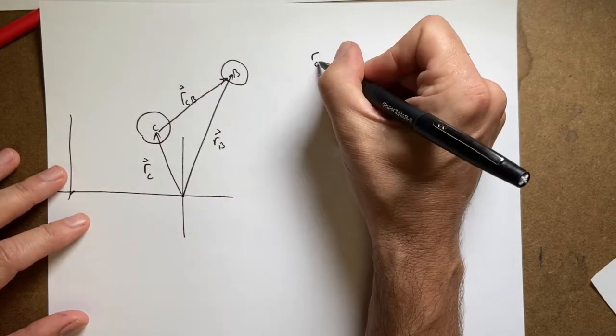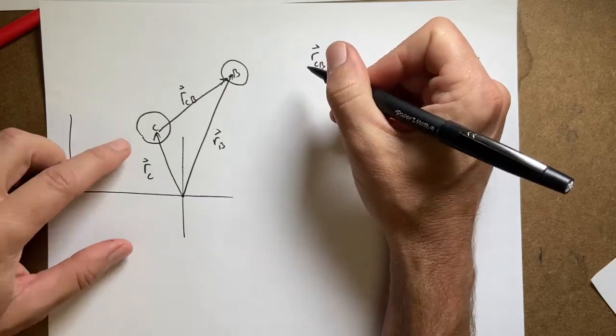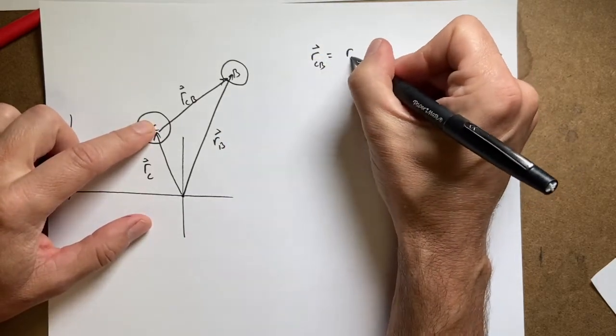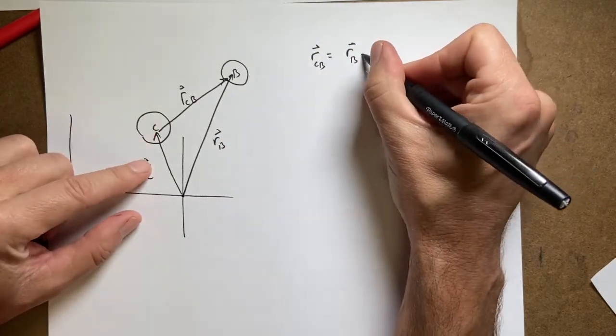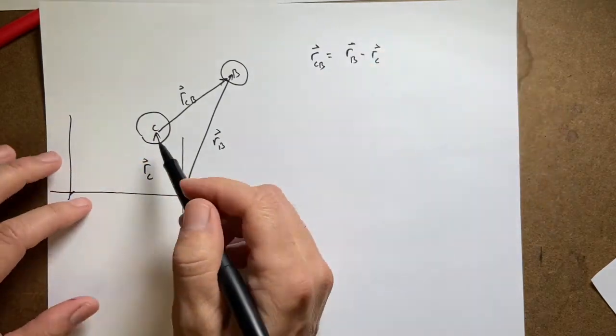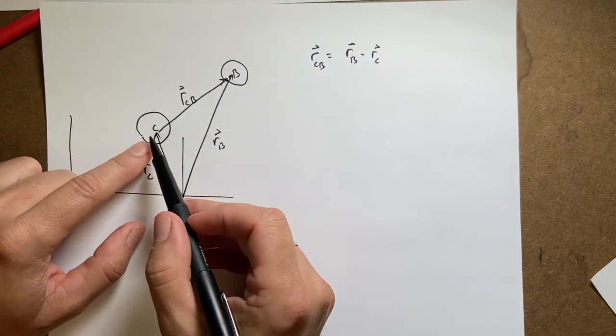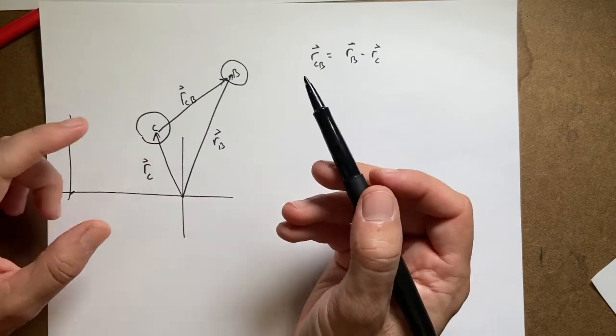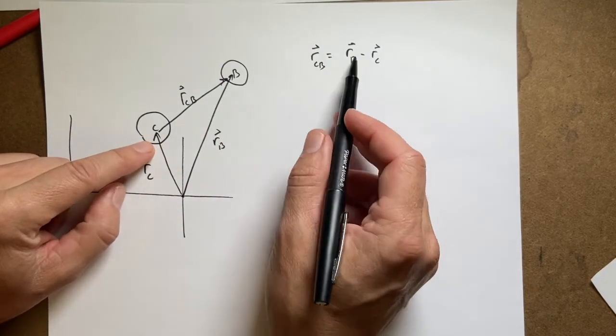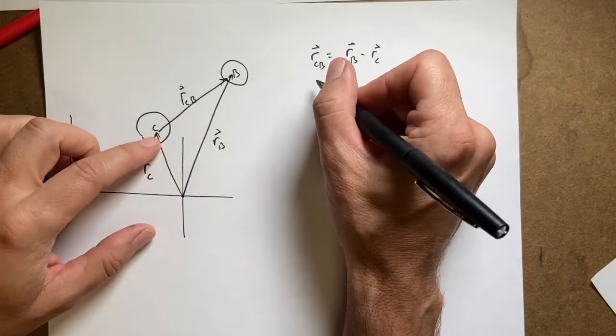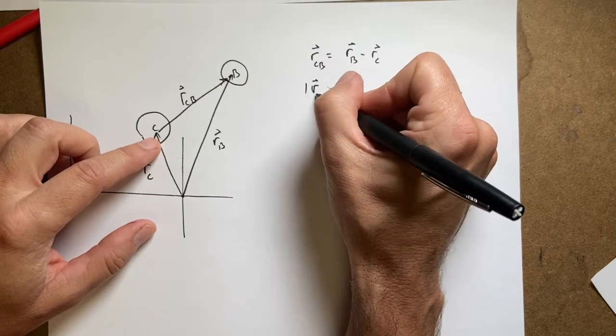So RCB is going to be equal to RB minus RC. Right, because this is just like the displacement vector if I went from here to there, but I'm not. I actually have two objects. So if I know these two vectors, I can find that. Now I can find the magnitude. I know how to do that.